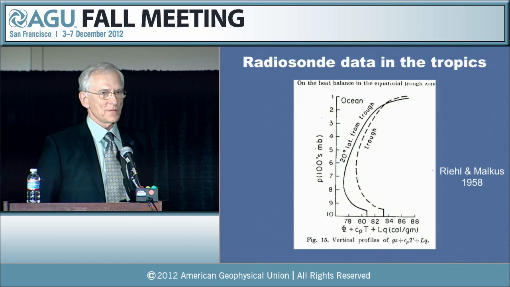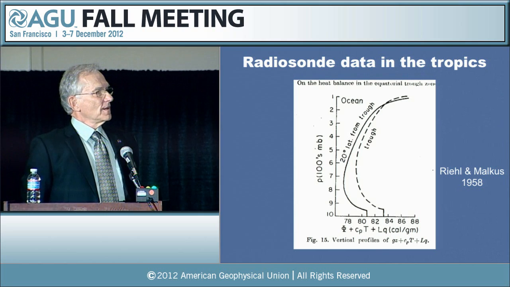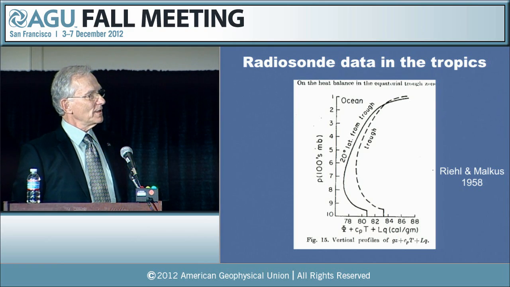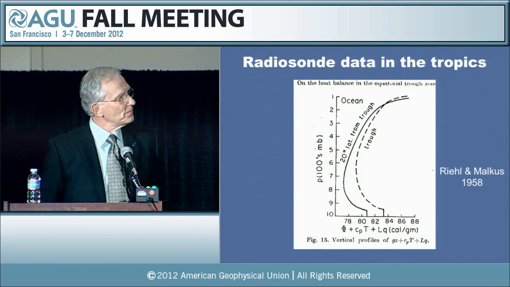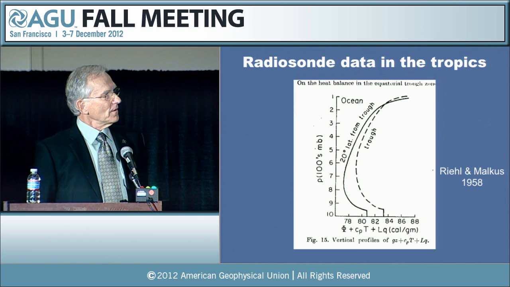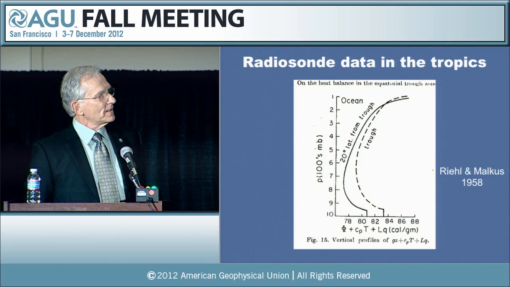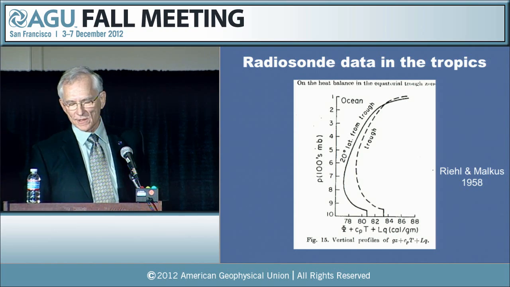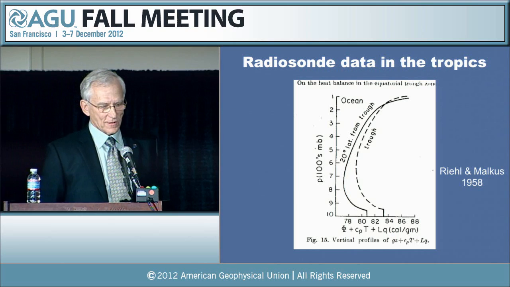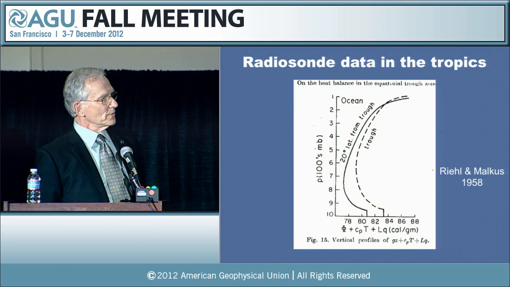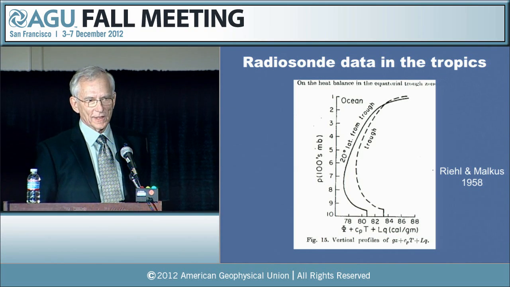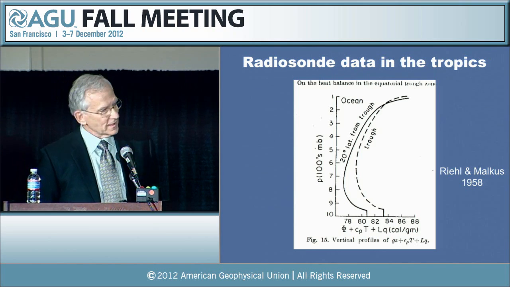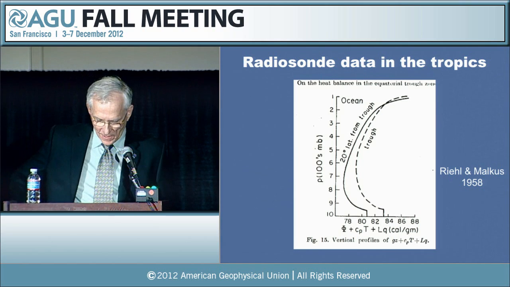And in the 1950s, Joanne Simpson, who was then Joanne Malkus, and Herb Riehl put together this well-known diagram, which shows, from these soundings, a quantity called the moist static energy, which is conserved as parcels move around in the atmosphere. It involves sensible heat, latent heat, and potential energy. The point is it's conserved.